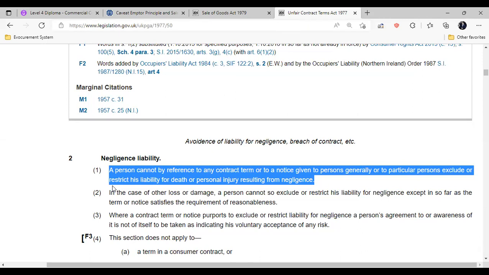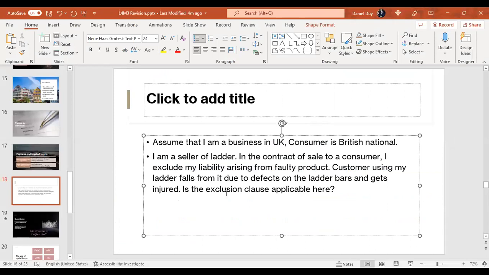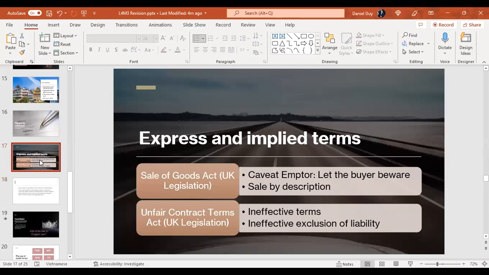Okay, so I think that the answer is very clear. Yes, the exclusion clause is not applicable here. First, because we are talking about the effect of express and implied terms.